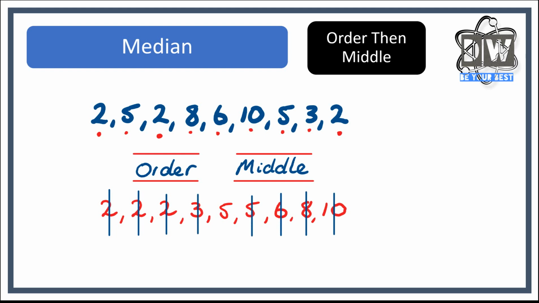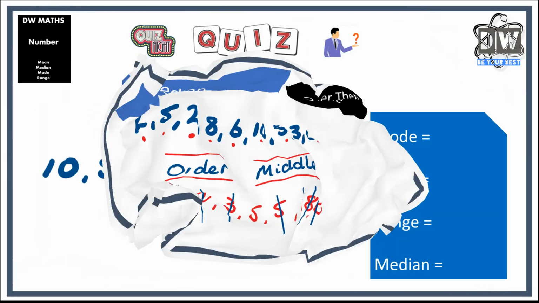Now, on this occasion, we've got just one middle number. So we've got 5. That would mean that we've got a median of 5. Sometimes you have 2 numbers, and all we do is we add those numbers together and we divide them by 2 to get the middle number in between those 2 numbers. But we'll go over those ones in class, I'm sure. So there we go. Our median for this question is 5.